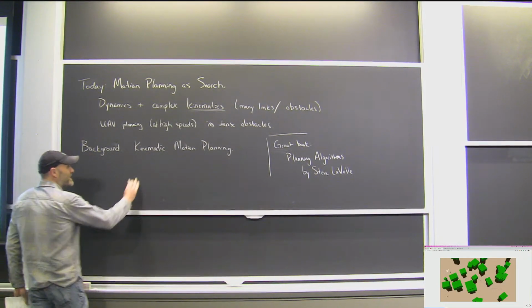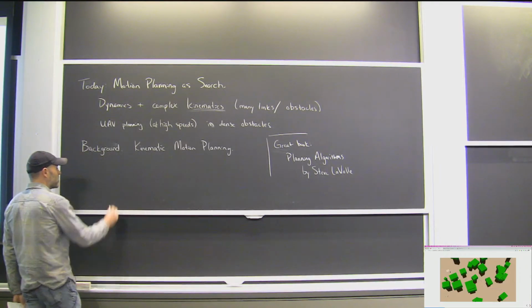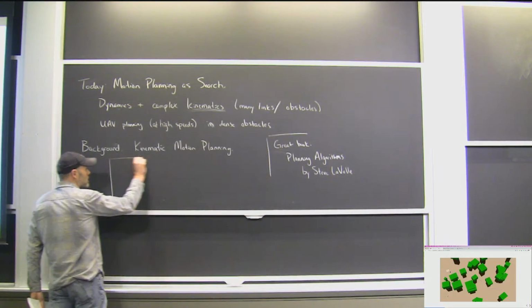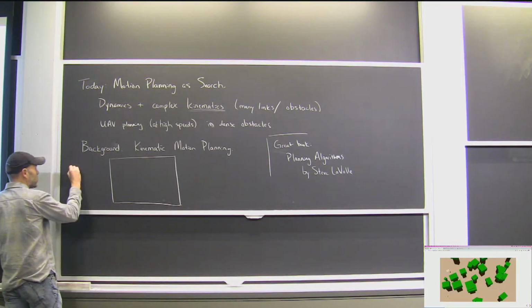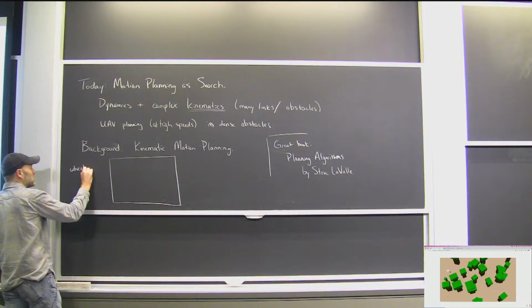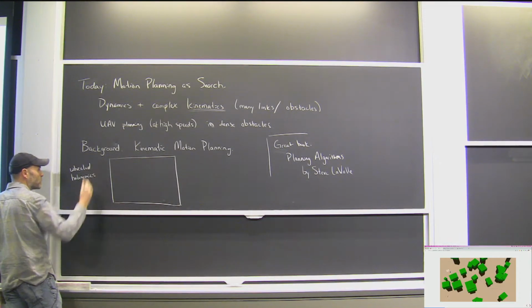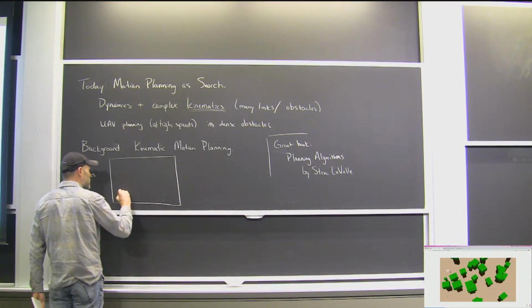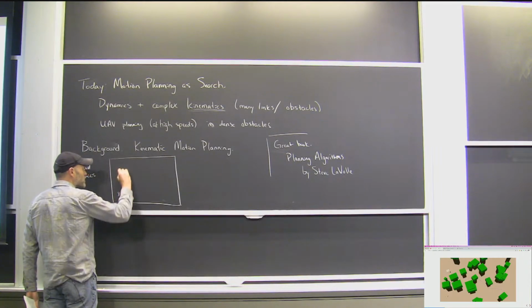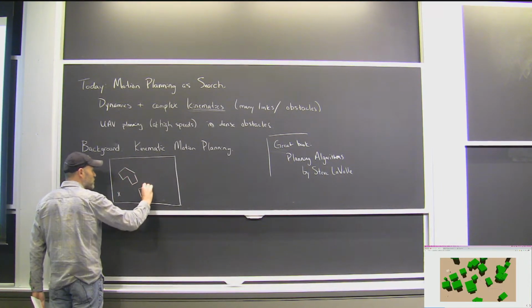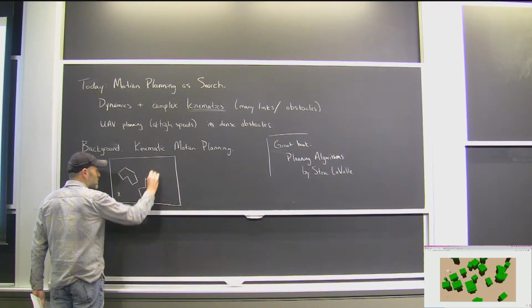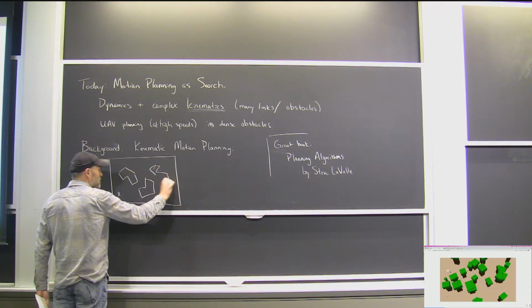Okay, so the canonical picture in kinematic motion planning would be, imagine you have a simple robot, let's say a wheeled holonomic robot, so it's allowed to travel in all directions. You don't have to worry about having momentum or anything like this, okay? I have to drive through a little maze, let's say a little obstacle course with a few obstacles.